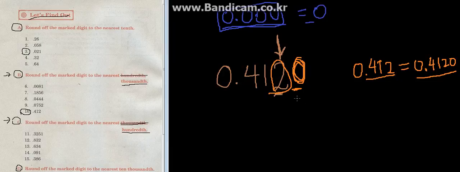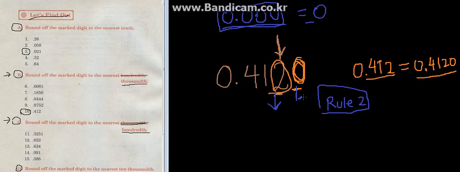Then 0 is less than 5, so we follow rule 2. Rule 2 says any number that is either 0, 1, 2, 3, or 4 has to follow rule 2. And rule 2 says that you just keep the number as it is. The marked digit 2 will just stay as it is, then this 0 will also just stay as a 0.